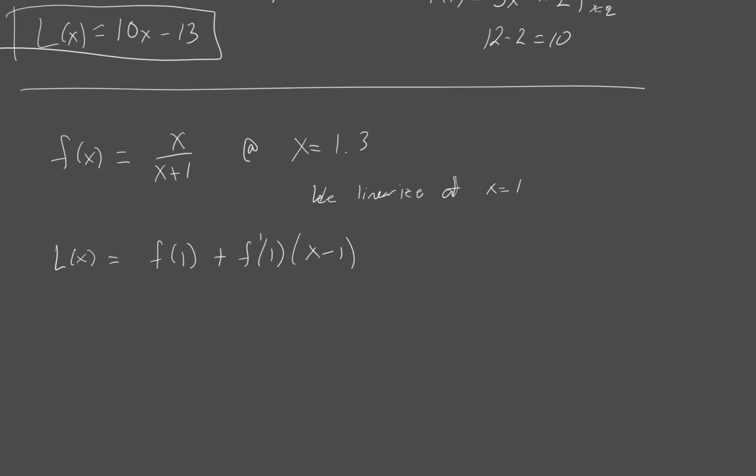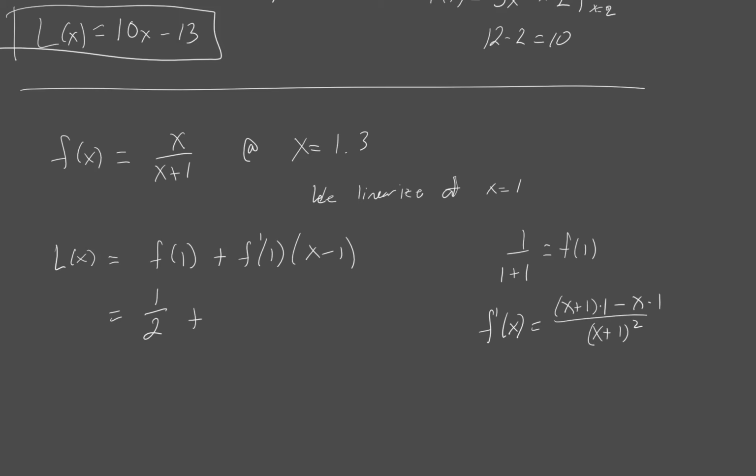Okay, f at 1 is 1/2. If I put 1 in there, I get 1/2, right? 1 over 1 plus 1 is 1/2. Okay, plus I need to take f prime. So this is going to have to be a quotient rule one. So f prime at x is low d high minus high d low over the square of what's below.